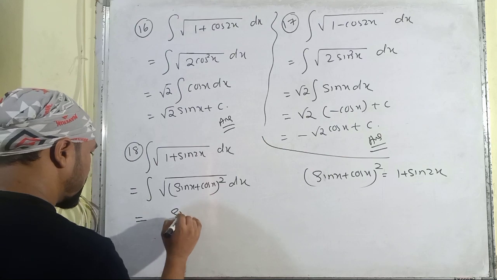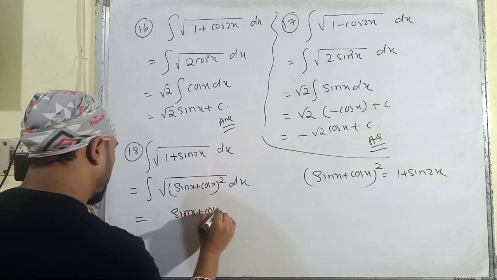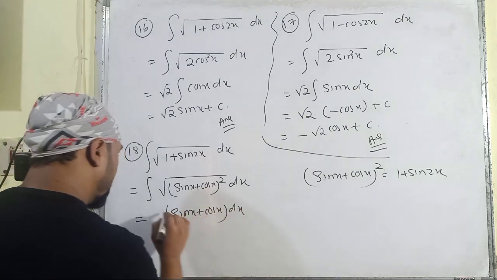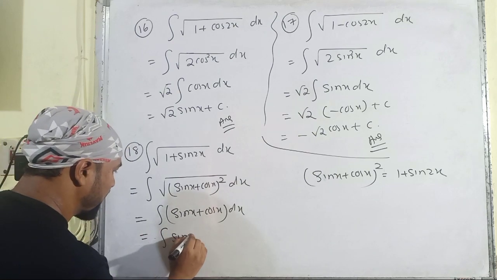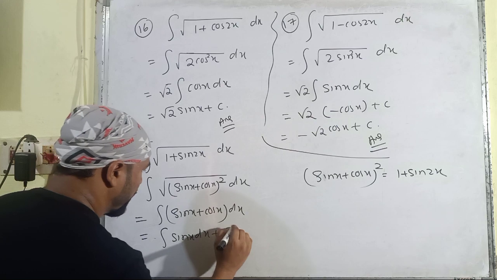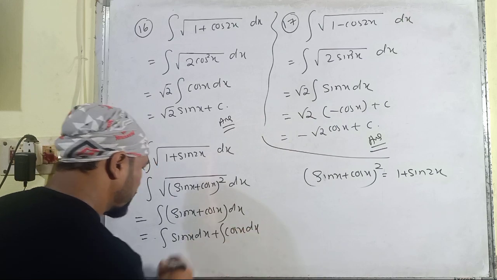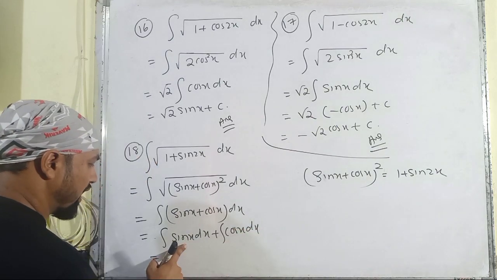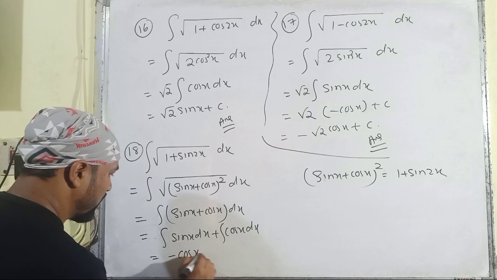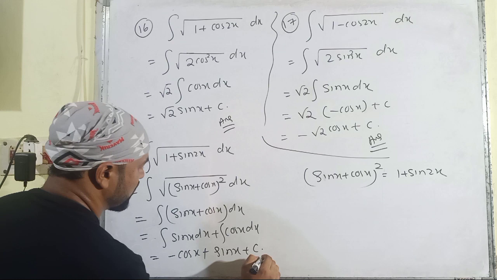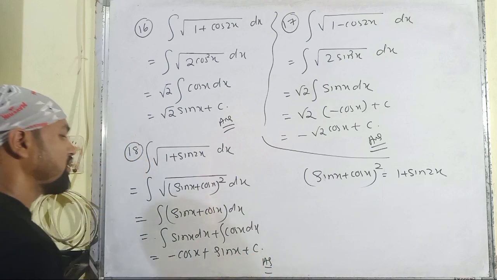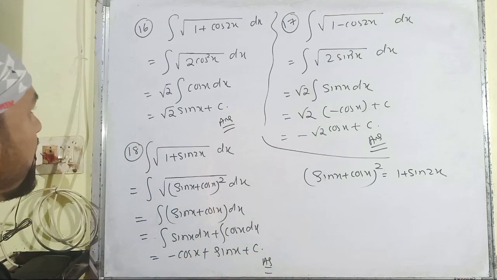So it will be just the integral of sin x plus cos x with respect to x. Then by applying the algebra of integrals, it will be integral of sin x plus integral of cos x with respect to x. Integral of sin x is minus cos x plus integral of cos x, which is sin x plus any constant c, and this will be the answer for problem number 18.